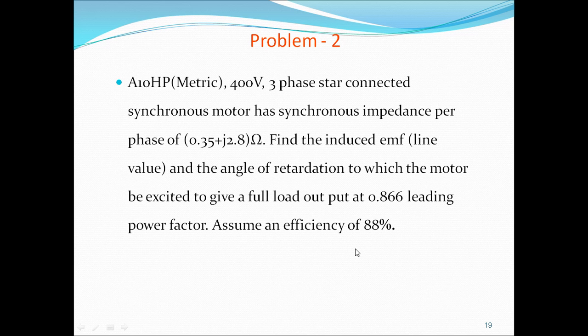Note down the problem. So what he gave in this problem is a 10 HP motor, and he gave a voltage of 400 volts, three phase, star connected synchronous motor has synchronous impedance per phase of 0.35 plus j2.8.